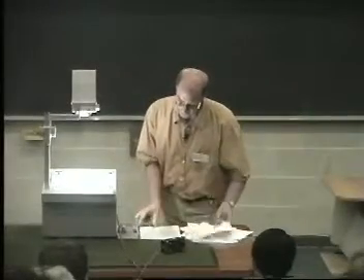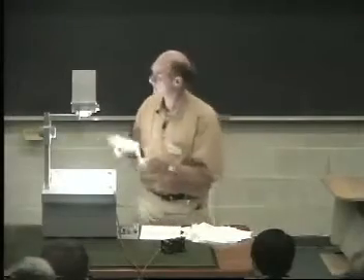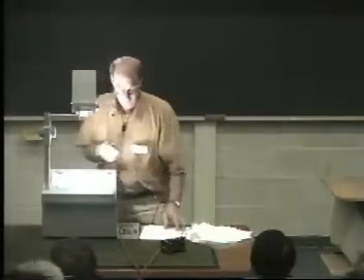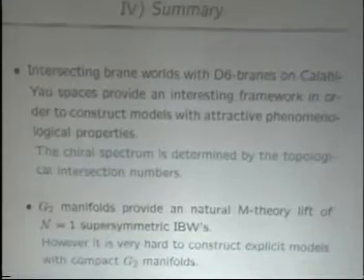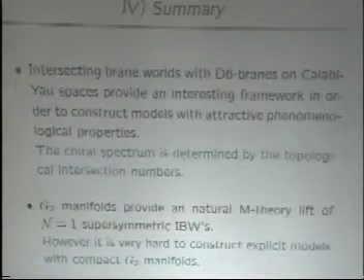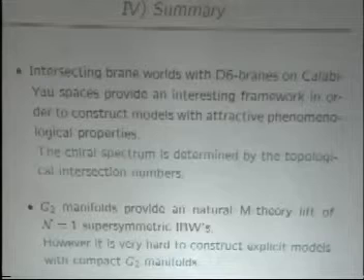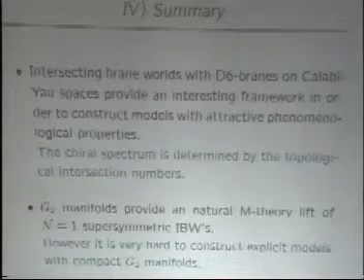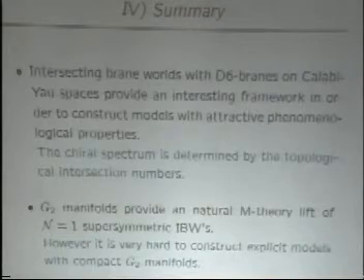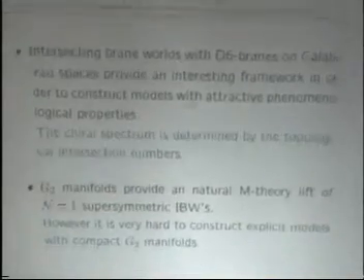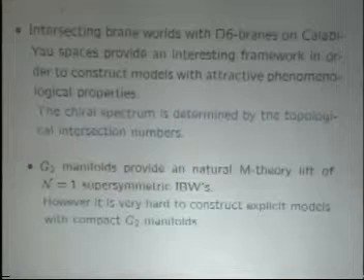Okay, I think I have summarized my talk. I hope you are a little bit attracted by this construction of intersecting D6 branes on Calabi-Yau spaces. Namely, in my mind, they provide an interesting framework in order to construct models which have very attractive phenomenological properties.